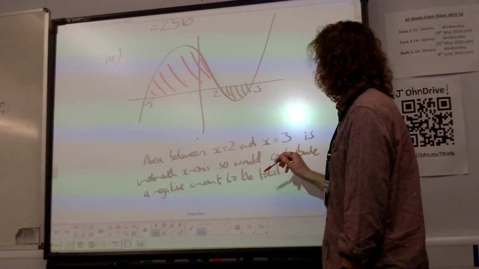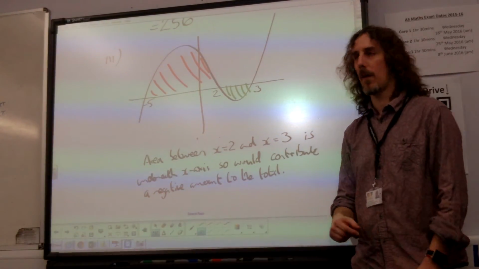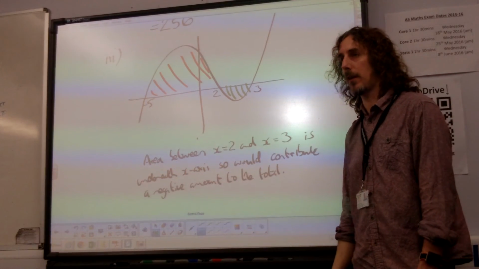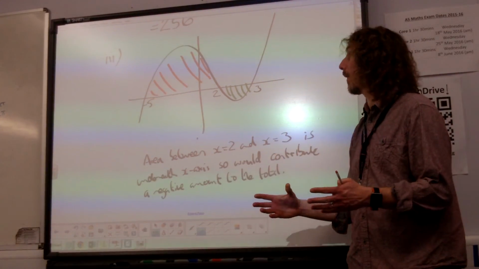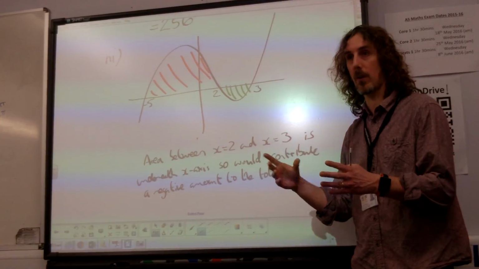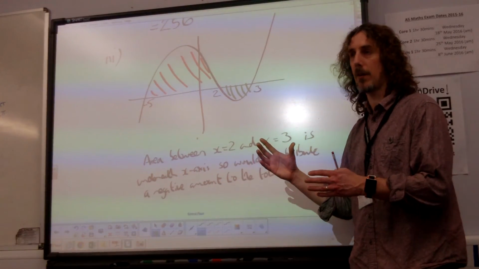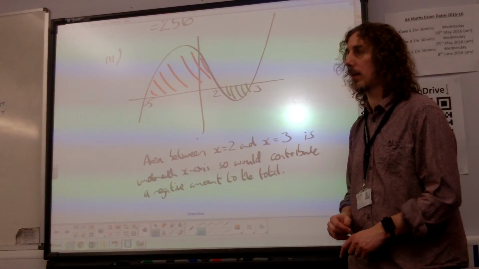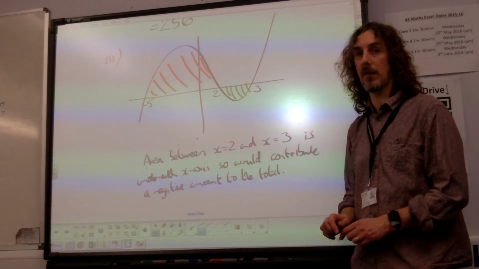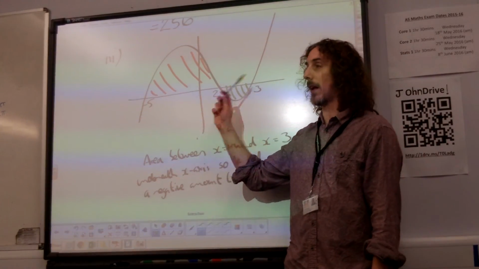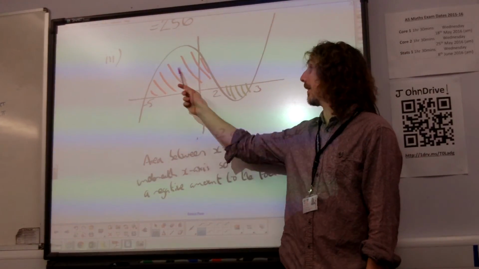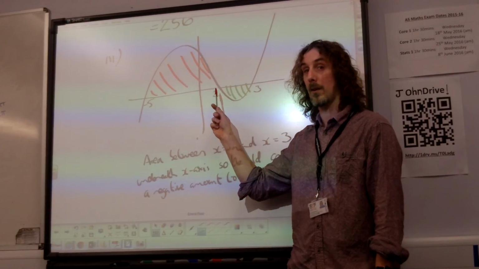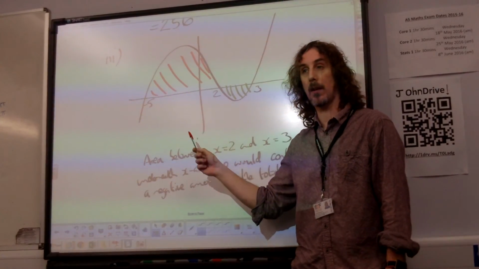You have to give some specific reference to that area being underneath the axis and therefore negative, and therefore subtracting from the total, contributing a negative amount to the total that you find. You could even say that the value that you got, 256, is the difference between these two areas, taking that one as positive and that one as negative.